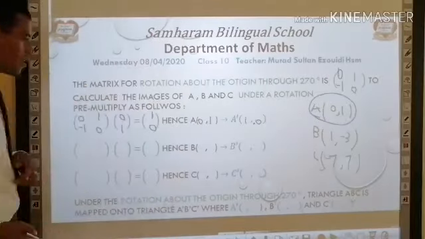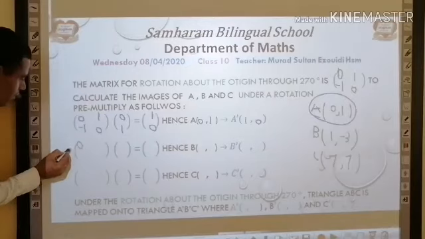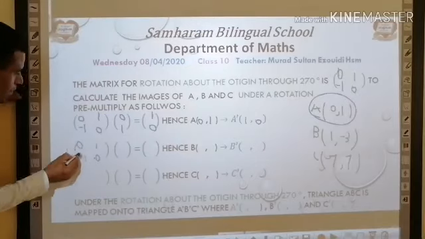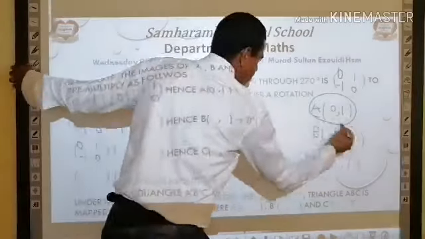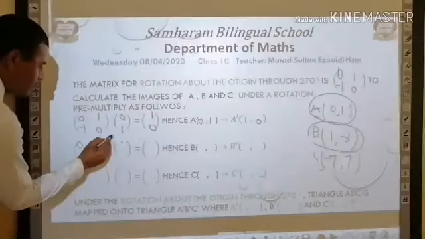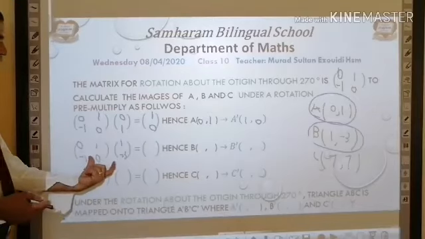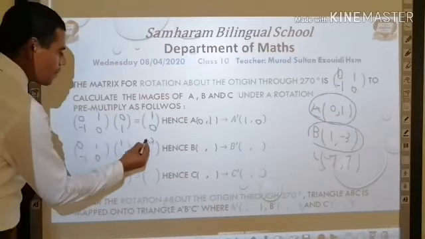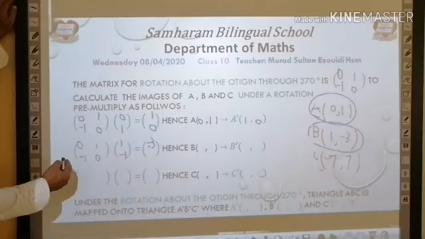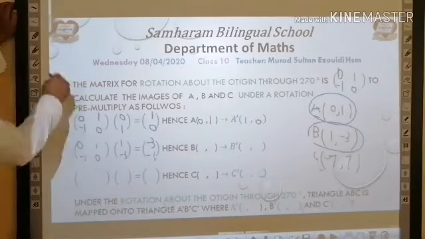Then, the next one, we have 0, negative 1, 1, 0 multiplied by the coordinates of the point B, which is (1, negative 3). Just find the product of these two matrices and you will find the image. So this one will be negative 3. Why negative 3? And this one gives negative 1. Why exactly?